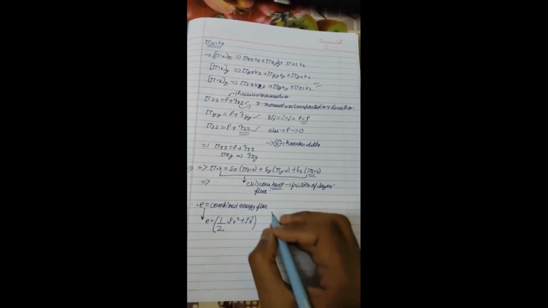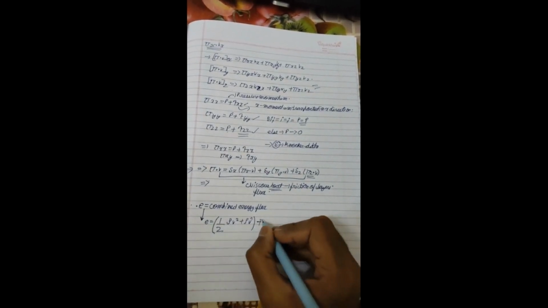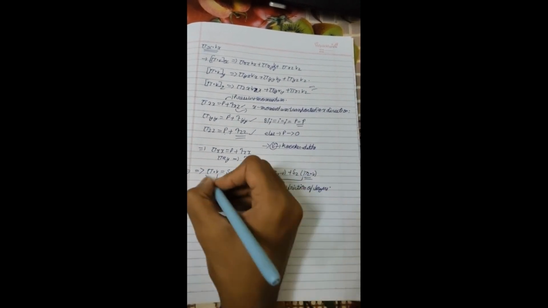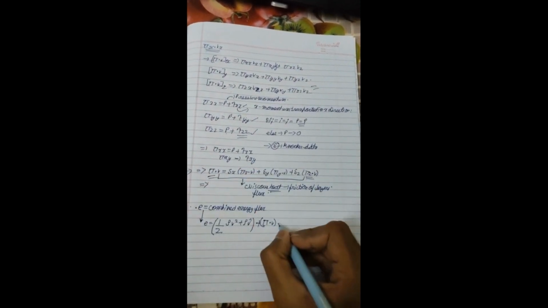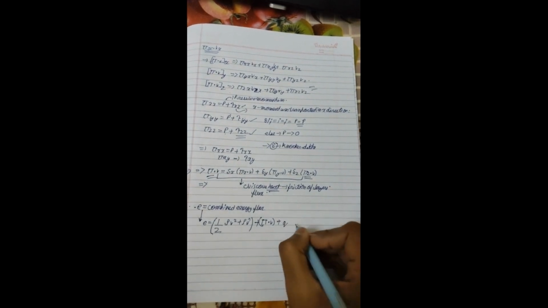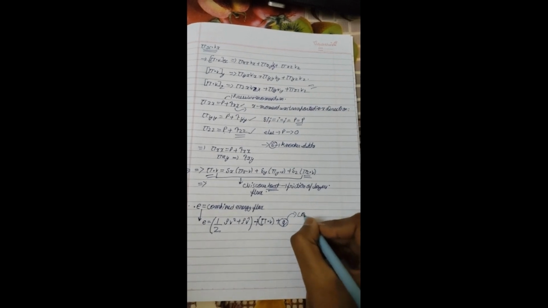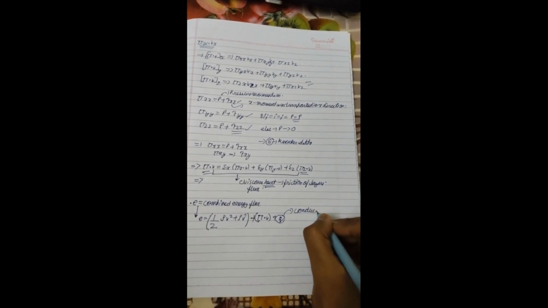This is going to be nothing but the convective heat flux. Then pi dot v, as we have studied, is the viscous heat flux. The next is conductive q. Now this q can be determined. This is the conductive heat flux.